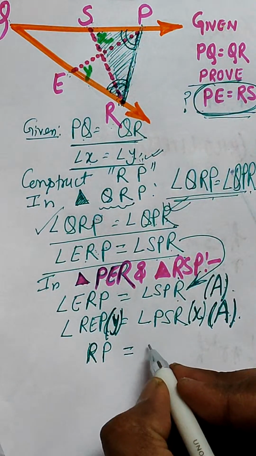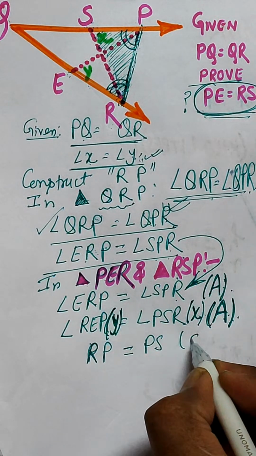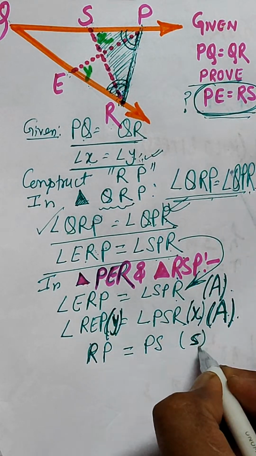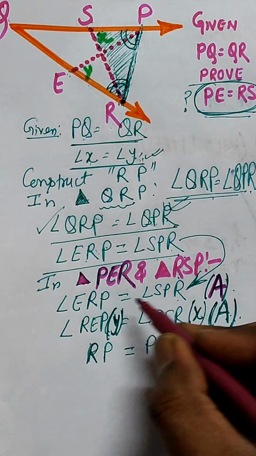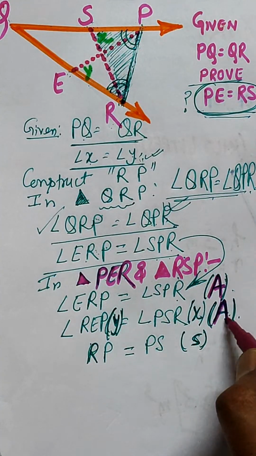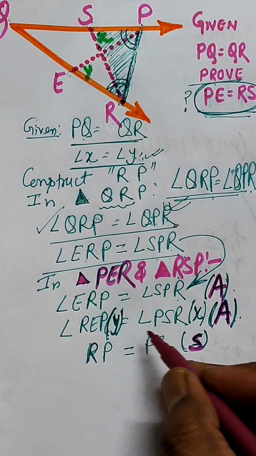RP is equal to PR. So this is one of this side which is equal, right? So here you can see one angle is equal, another angle is equal, and one side is equal.